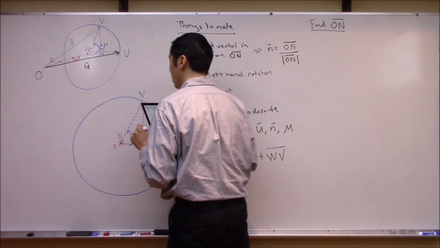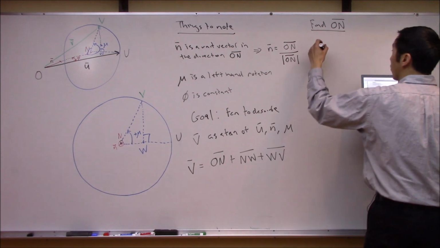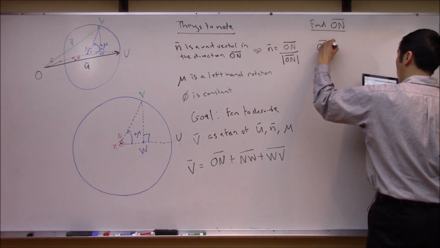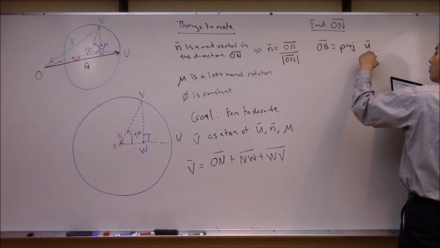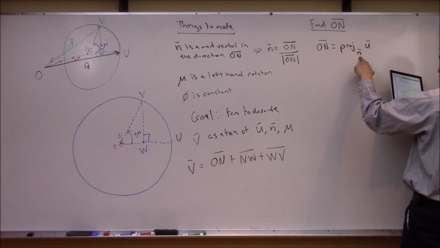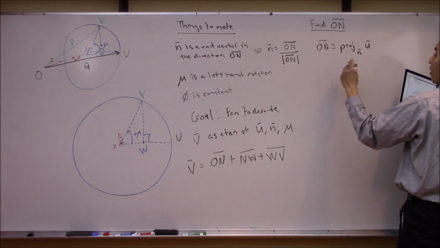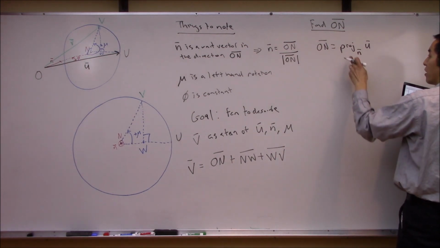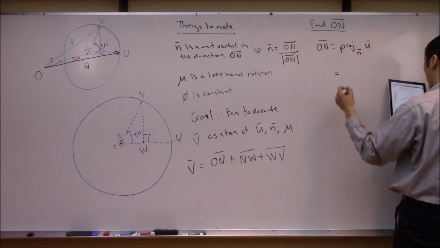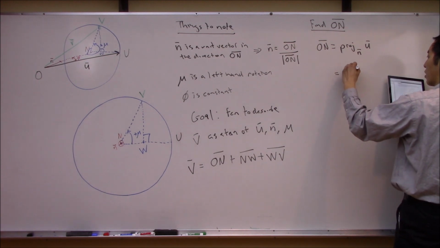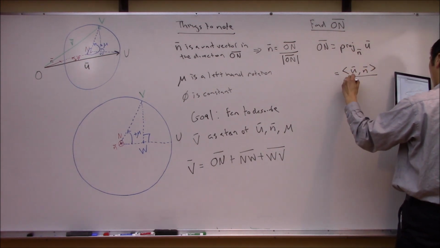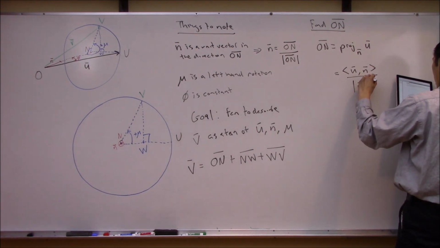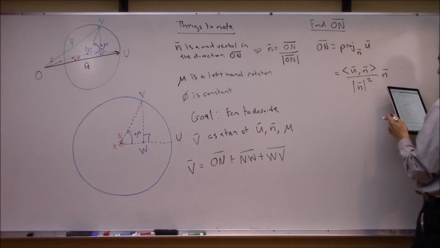So it's a vector projection. In other words, ON is nothing more than the vector projection of u, the original vector, onto the axis of rotation n hat. If you remember from your vector calculus how you get a vector projection, that's just the inner product of u and n, all over the norm of n squared, times n.